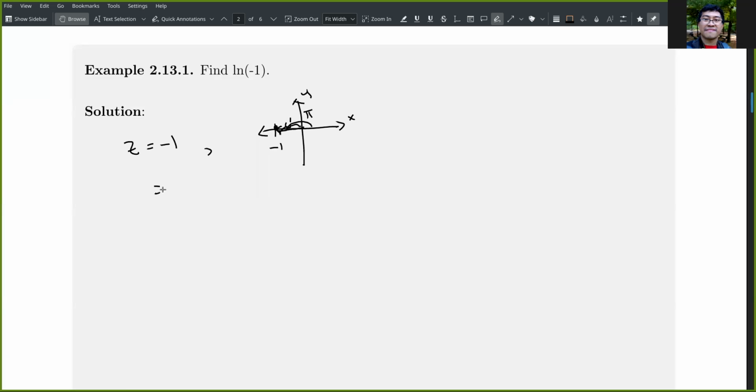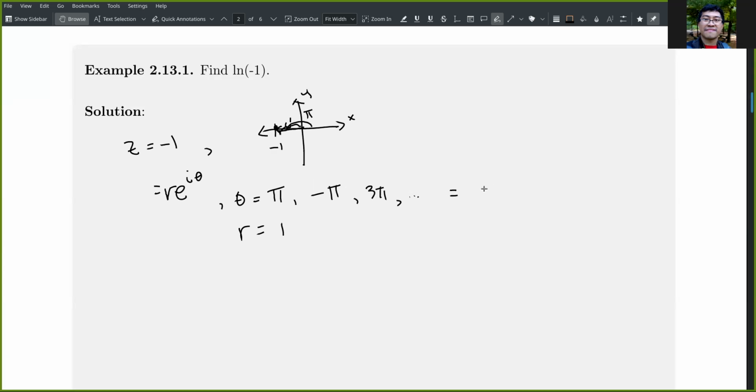Okay, so z equals 1 e to the power of i theta, where, let me write it completely, r is 1, theta is pi, it could be minus pi, it could be 3 pi, and so on.